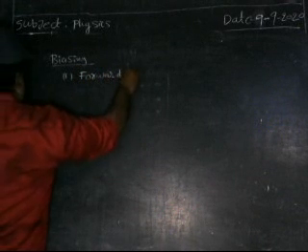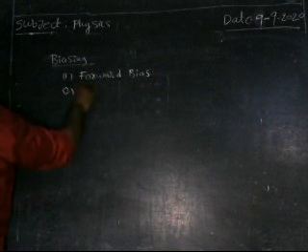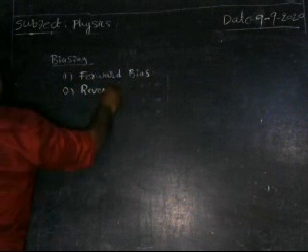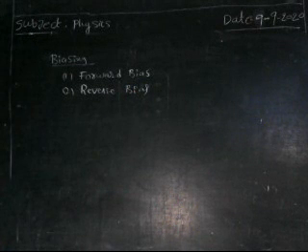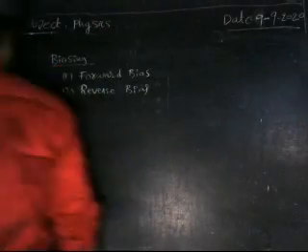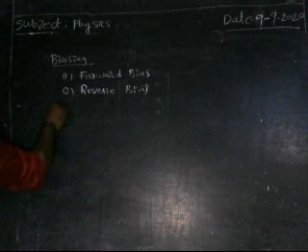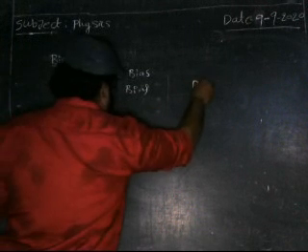The second one is reverse bias. What is forward bias and what is reverse bias? Look here. Now we will discuss forward bias, and then reverse bias.